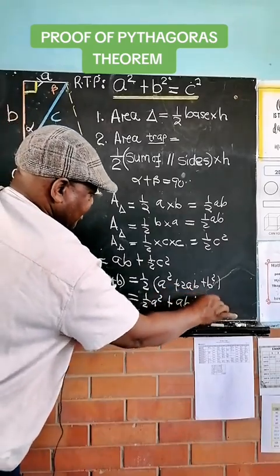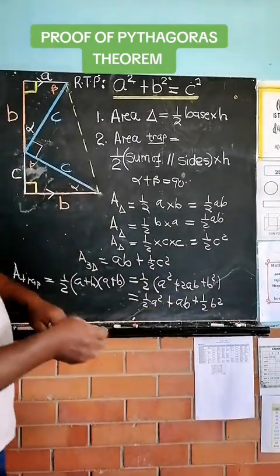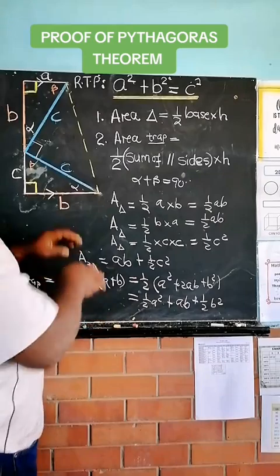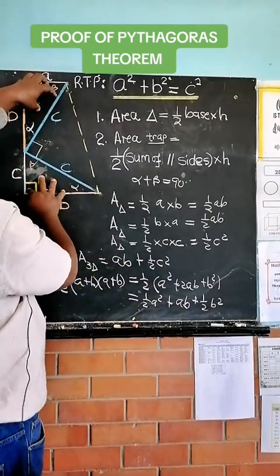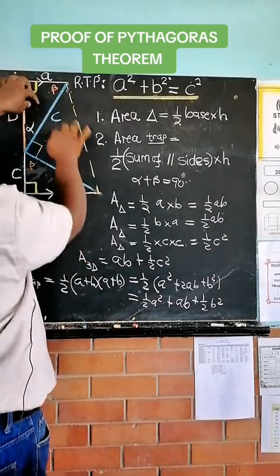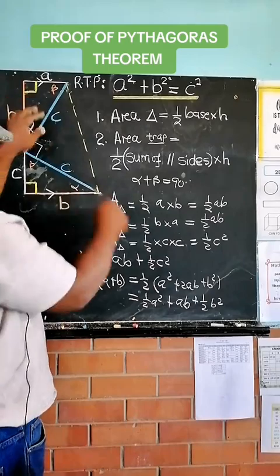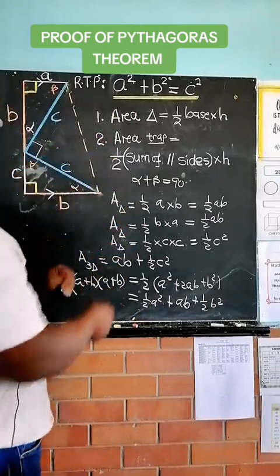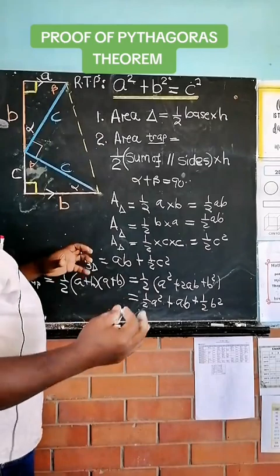So you agree with me that the three triangles added will give me the whole trapezium. So area of the three triangles must be equal to the area of the whole trapezium. That's what I'm going to do now.